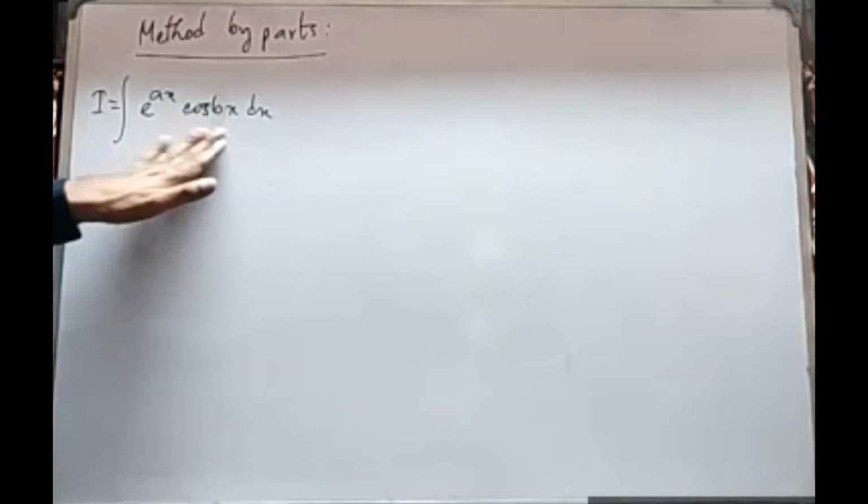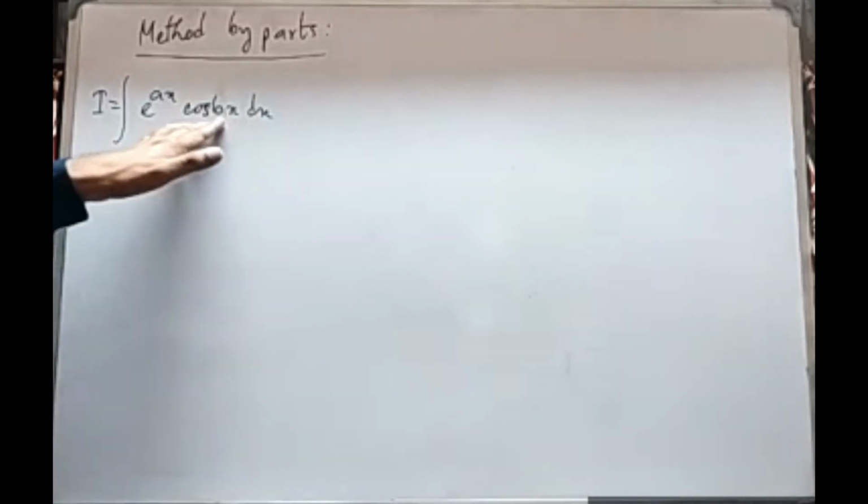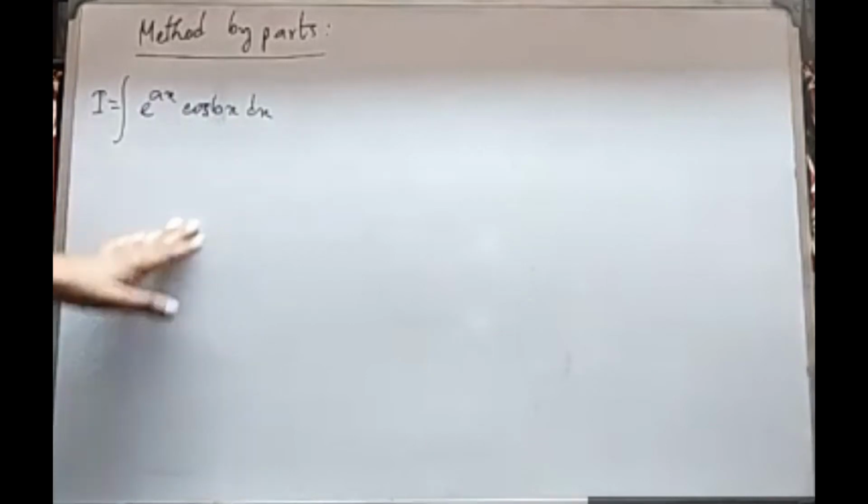We need to do by parts twice here. That's why we are taking I here. The integration we are considering as I. Why, you will see later. So this integral we have to do. So let us take the choice e to the power ax cos bx. So exponential and trigonometric. So which should be integrated, which should be differentiated?